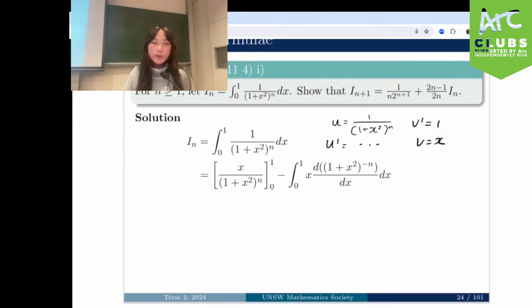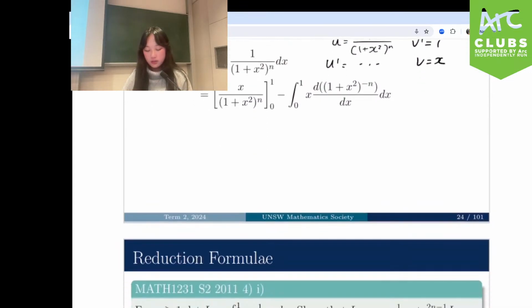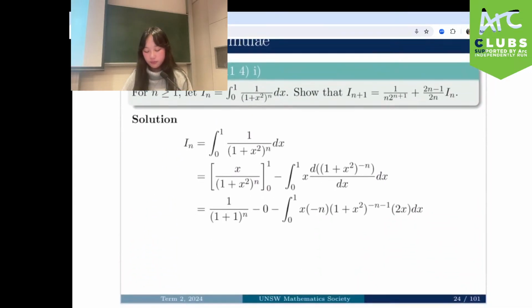So, what we can do now is further simplify our expression that we've got in this line. And how we do that is we actually take the derivative. So this right here is the derivative of our u.